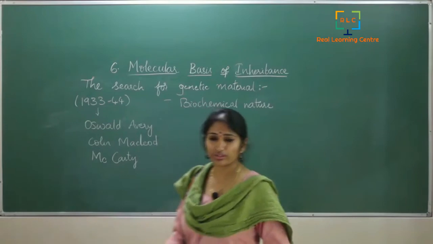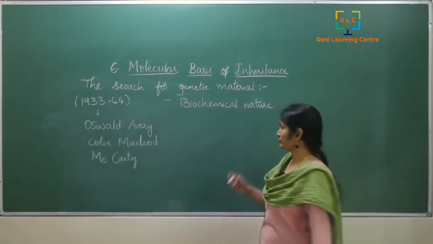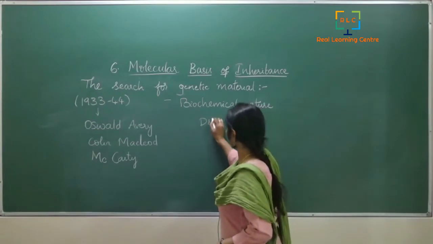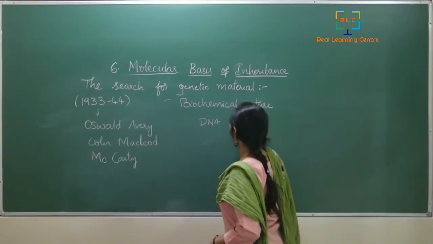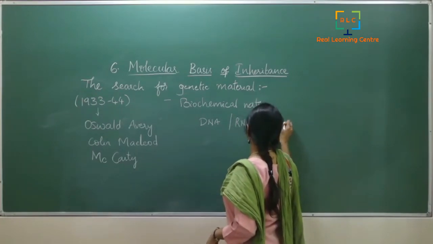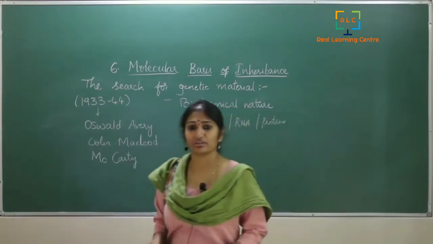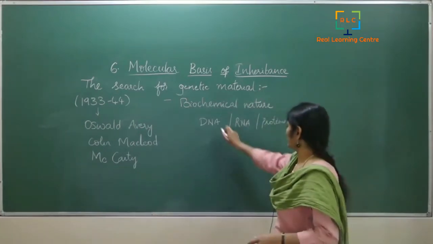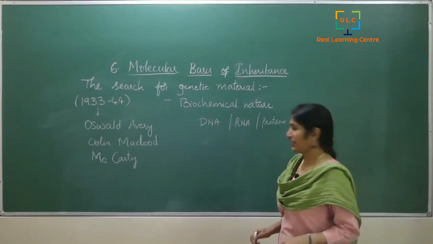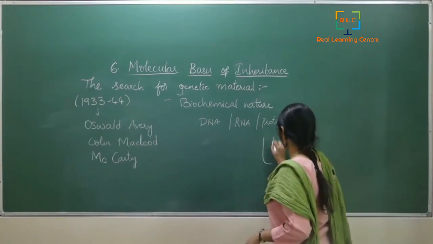So what they did was they tried to take out, when they kill the bacteria, we can classify and separate them into DNA, RNA and proteins. So instead of taking the S killed, they purified DNA, RNA and protein from the S killed, separated them basically. And then there were three tubes here.